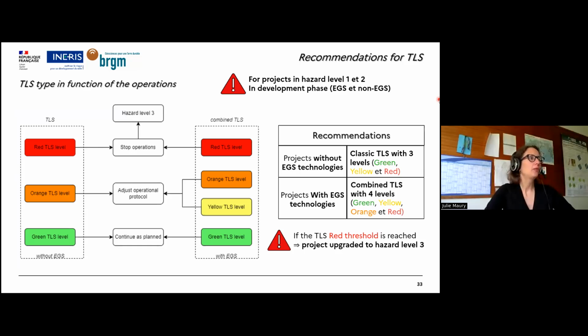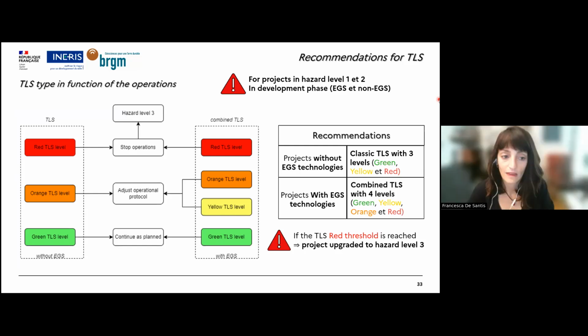So we provided some recommendation in function of the operation for TLS. So mainly for projects in hazard level 1 and 2. Depending on the phase, we have different recommendations, but specifically in development phase for EGS and non-EGS, we recommend some TLS. For projects without EGS technology, it's a classical TLS with 3 levels, green, yellow, and red.